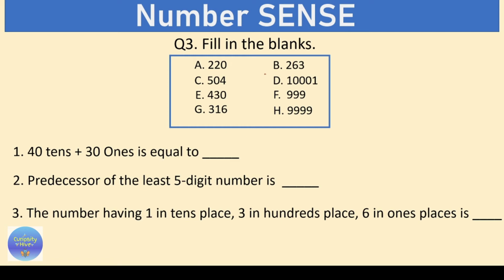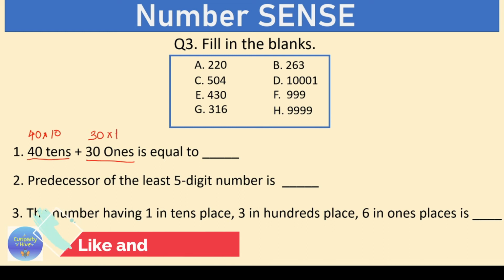There are these options given and we need to fill up these questions and answers here. First one says 40 tens plus 30 ones is equal to what? Well, remember, which we have done earlier also, whenever this number is given, 40 tens, you need to do 40 multiplied by 10. Similarly, 30 ones is 30 multiplied by 1.